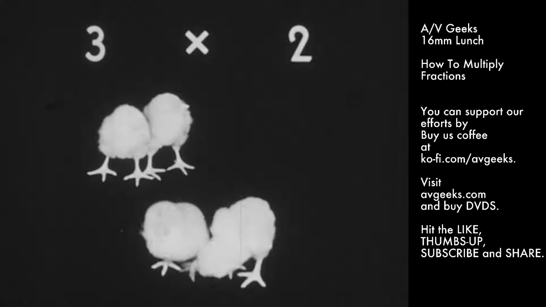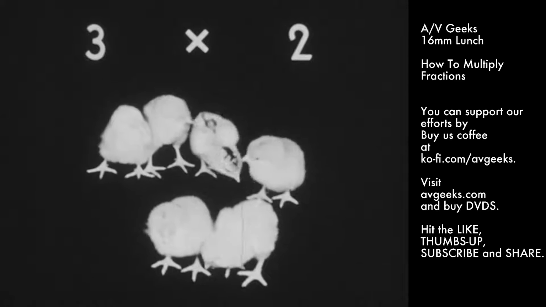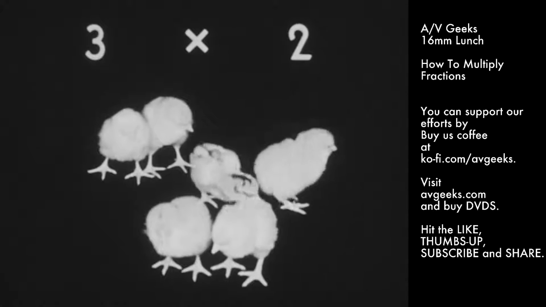If we are talking about baby chicks, it means that there are 2 chicks in each group. 3 is the number we are multiplying by. It tells us that there are 3 groups. 3 times 2 baby chicks equals 6 baby chicks.